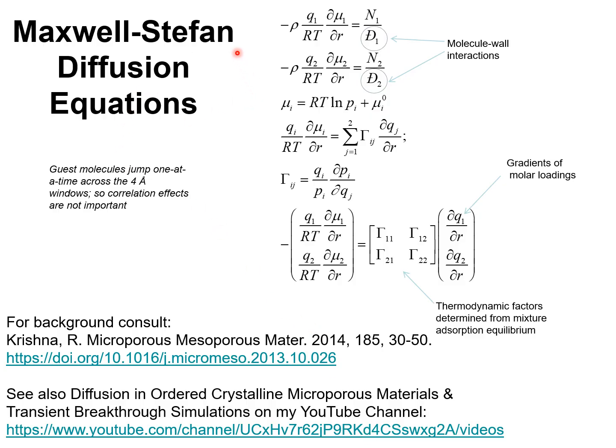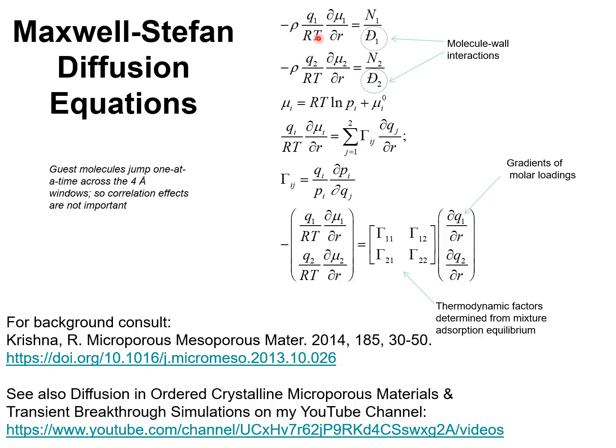The Maxwell-Stefan diffusion equations recognize that the proper driving forces for intra-crystalline diffusion of gas molecules are the chemical potential gradients. R is the radius of the crystallites, rho is the mass density, Q1 and Q2 are the component molar loadings of components 1 and 2.